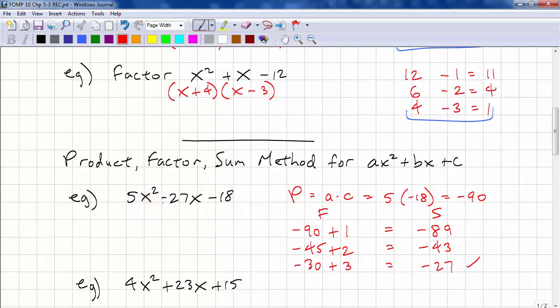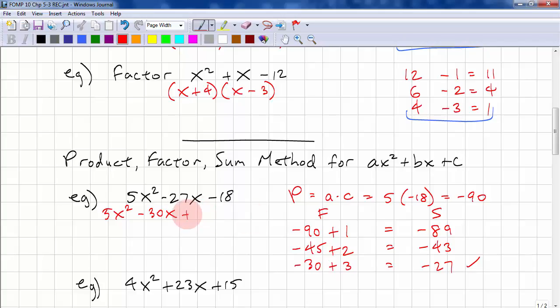So for this method, we copy the first term, 5x squared. Now we add x's to these terms. So this is negative 30x. And I don't literally mean add. We're multiplying negative 30 by x and 3 by x. And since they're not really like terms, we're just adding it onto the end.